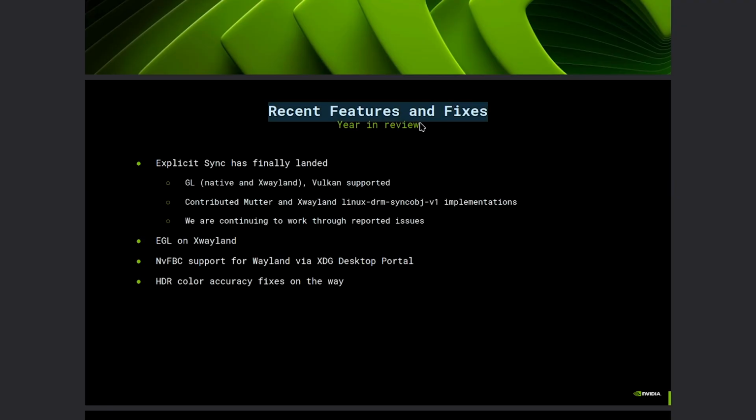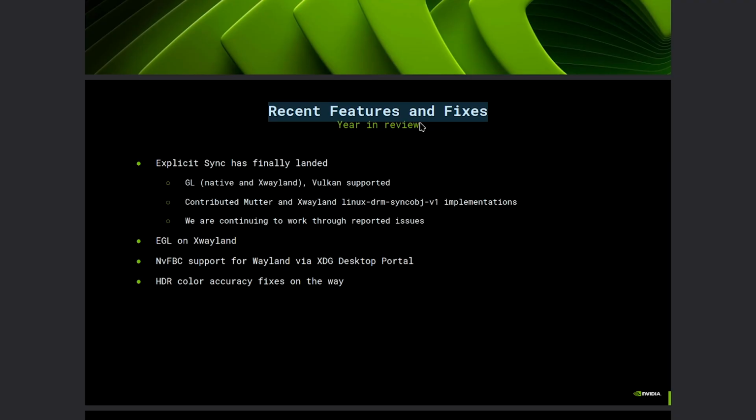These are the fixes that they did during the year, and these are really essential, because if you didn't know, back in 2023, early 2024, even in the middle of 2024, Nvidia was basically almost unusable on XWayland.